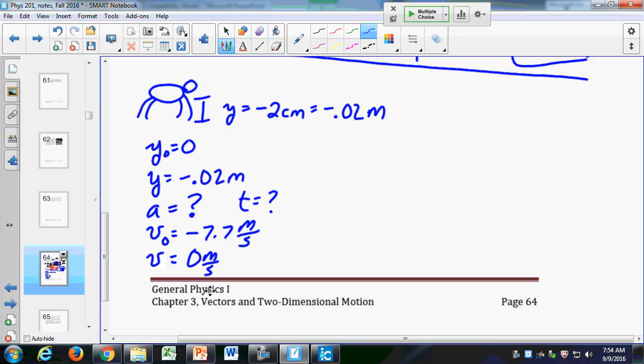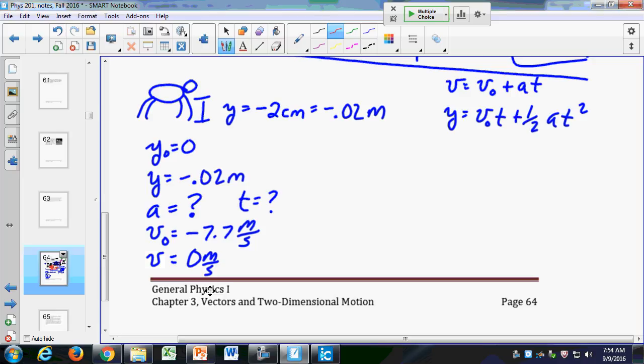Let's write our equations. I have V equals V naught plus AT, and y equals V naught T plus 1/2 AT squared. Now this is where it gets a little tricky. You want to be a little bit savvy with your algebra because in both of these equations I have two unknowns.